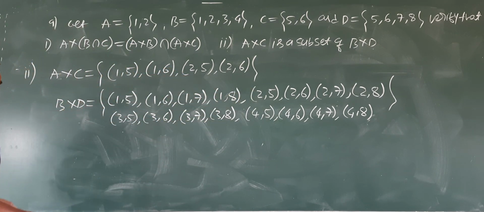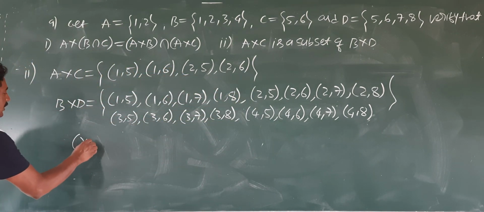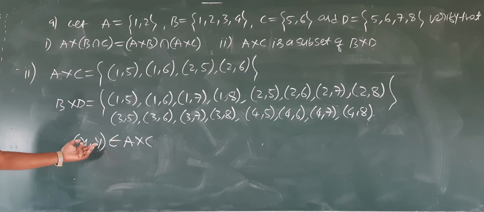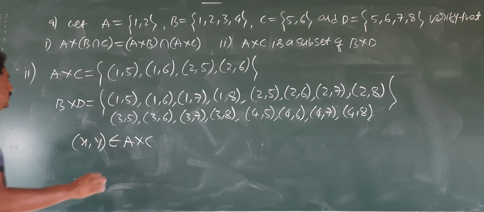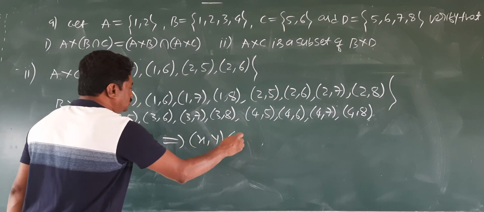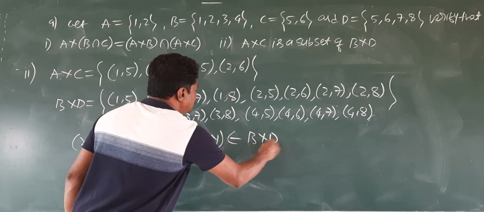Ordered pair (x, y) belongs to A cross C implies ordered pair (x, y) belongs to B cross D.